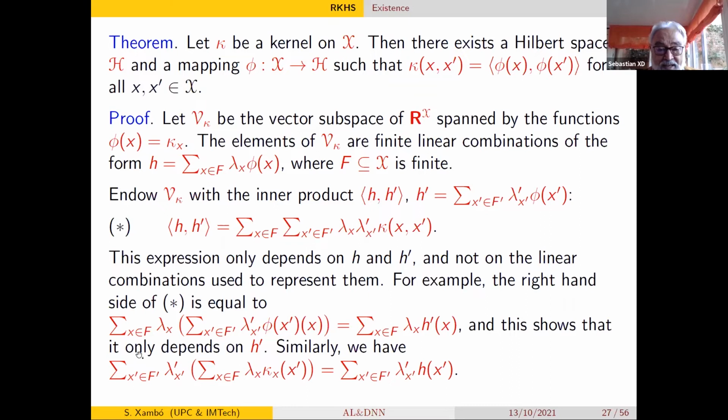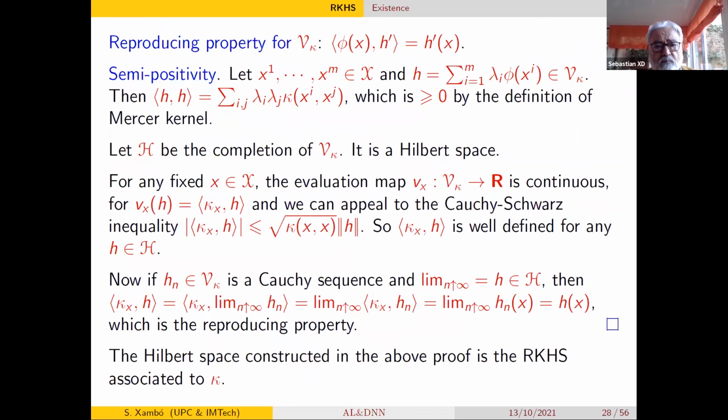So this shows that it only depends on h prime, not the representation. And similarly for the function h. The reproducing property for V_kappa, we already saw it: phi of x inner product h prime, the one we have just defined, is h prime of x.